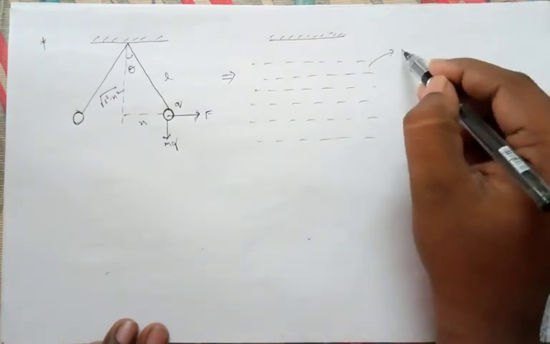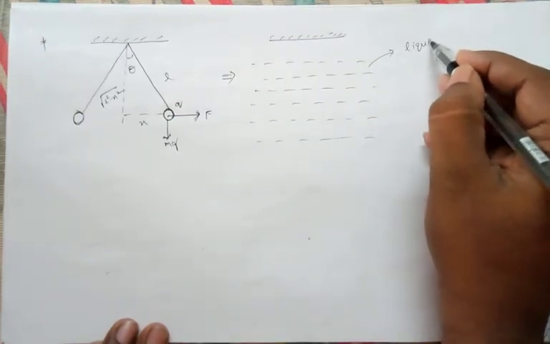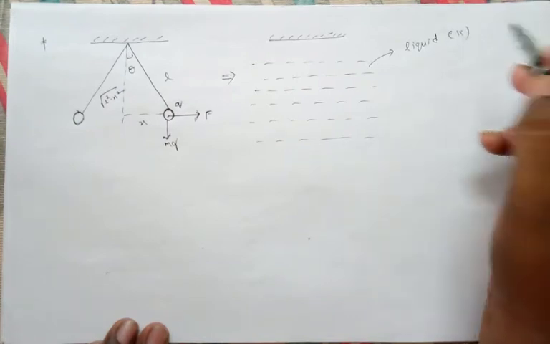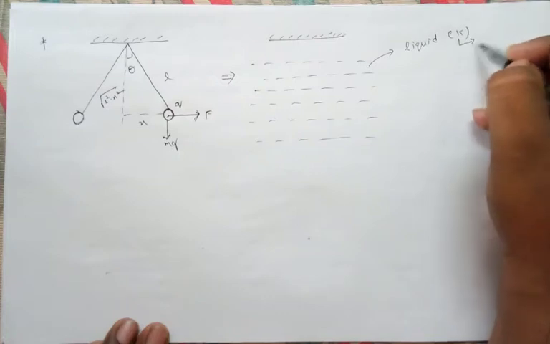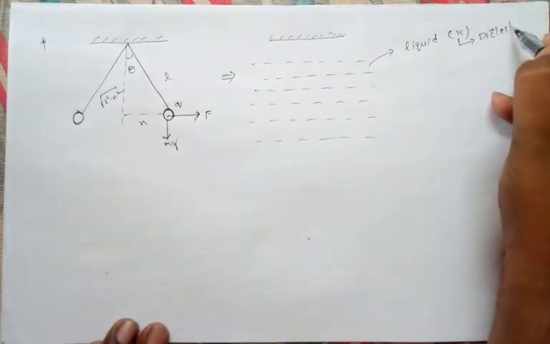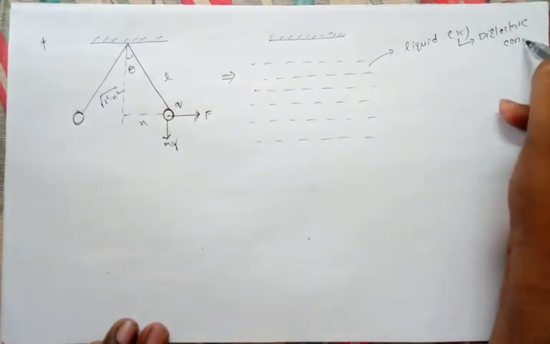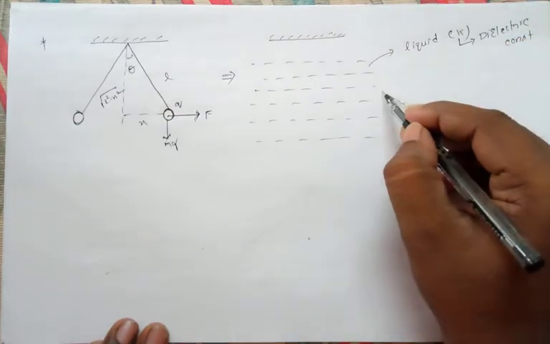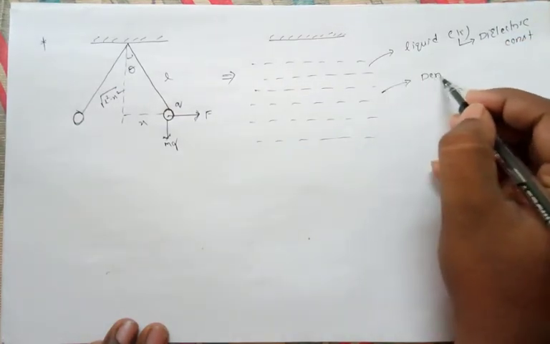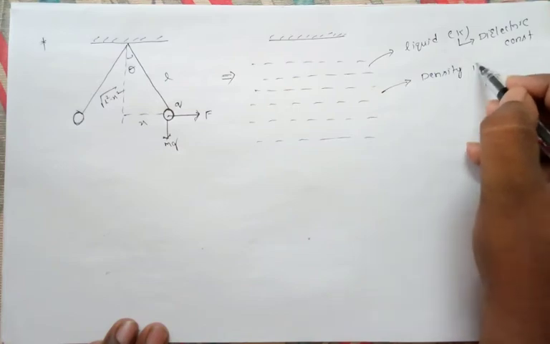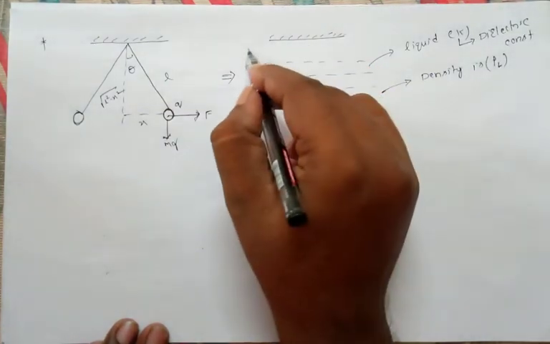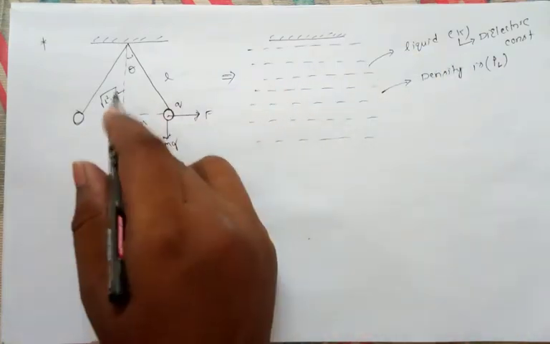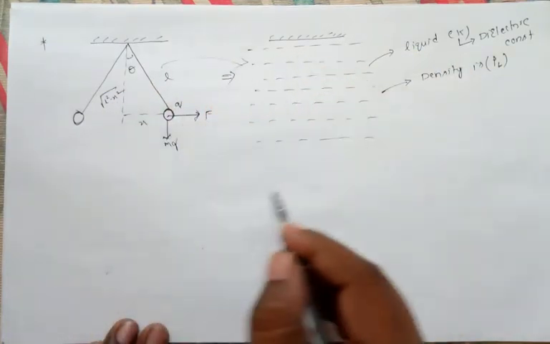This is a liquid of dielectric constant K. K is the dielectric constant, and the density of this liquid is rho L. Okay. Now this entire arrangement is placed in this.